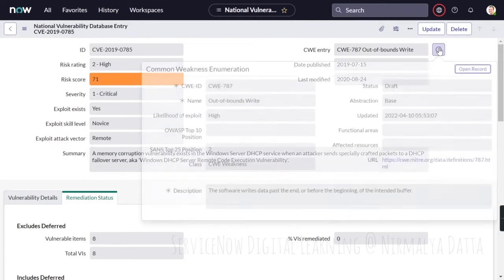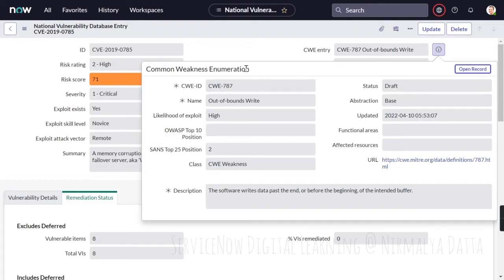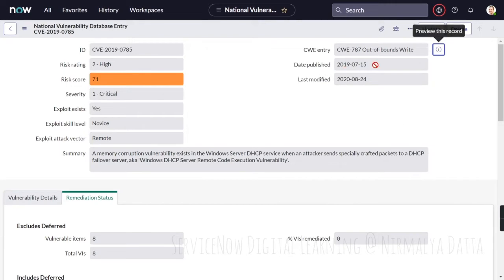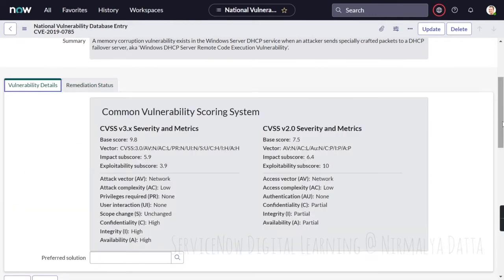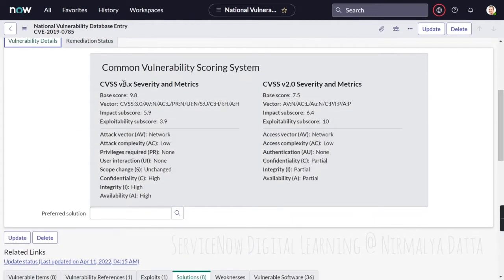In addition to that, in a consolidated form itself, you will be able to see the common weakness enumeration associated with this particular vulnerability definition along with the URL corresponding to it, when this particular vulnerability definition was published and when it was last updated. In addition to that, you get the complete picture of the CVSS 3.0 severity and metrics and CVSS 2.0 severity and metrics, which lists down various parameters related to this vulnerability definition.